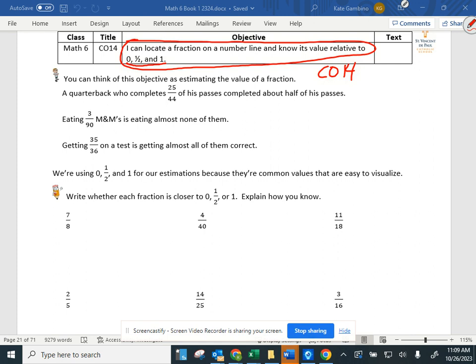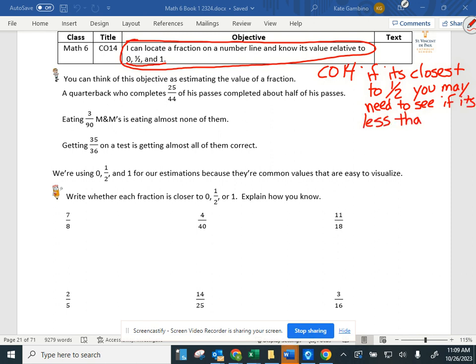So we can't put examples on here, but you need to remember to look: is your fraction closest? So if it's closest to a half, remember you may need to see if it's less than or greater than a half.